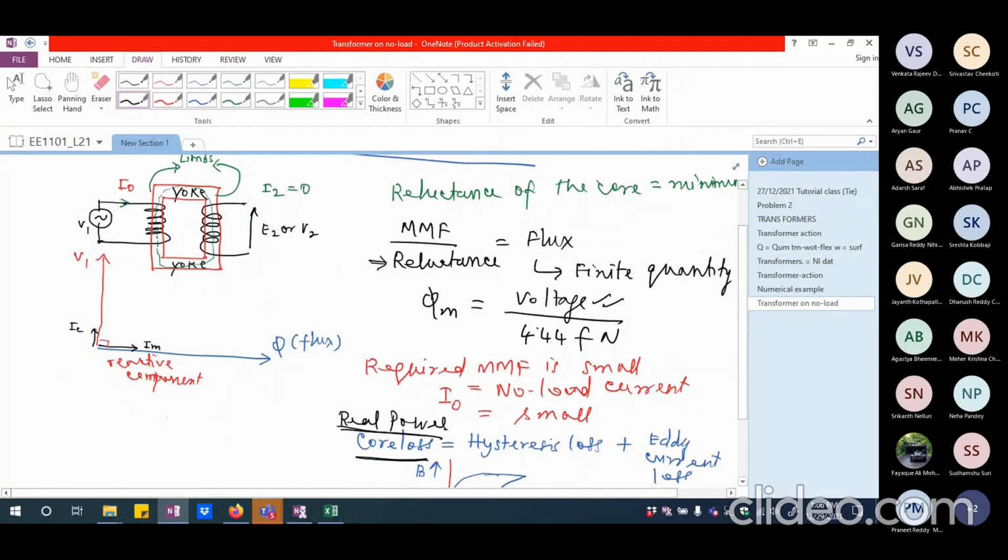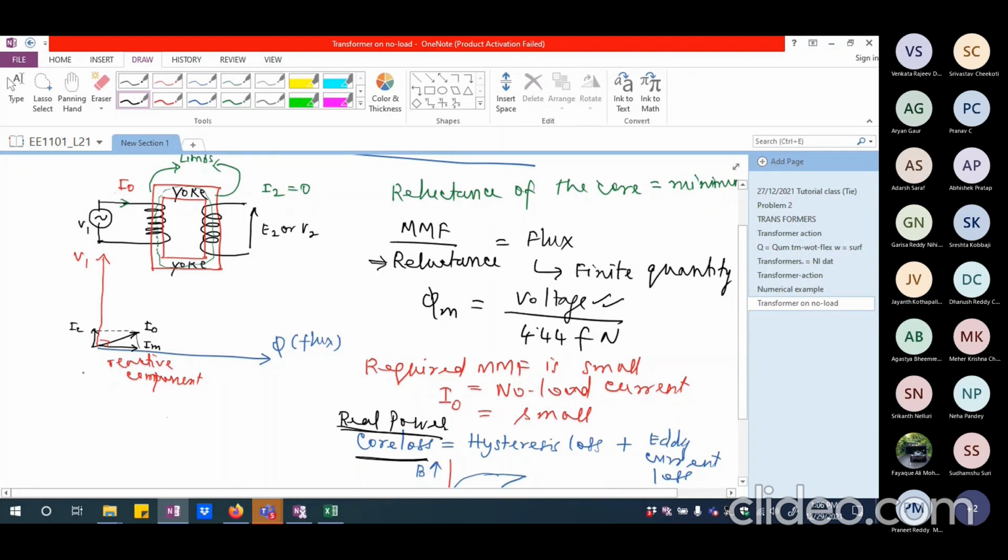So when I add these two currents together, what I am looking at is I naught. I naught will consist of a very small real component of current and a pretty largish reactive component. Within this I naught, a good fraction will be Im and a smaller fraction will be Ic.